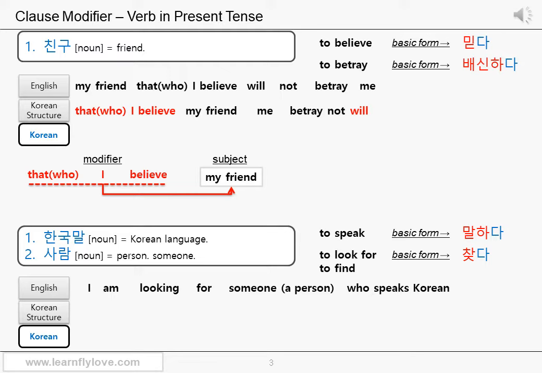We mentioned this before because in many cases, a noun plus 하다 verb goes better with the post-negation, a predicate plus not, than pre-negation, not plus a predicate. In many cases, not most of the cases, just many cases. Anyway, sentence structure is going to be in a Korean sentence like that I believe, my friend, me, betray not will. Let's translate that I believe part first.